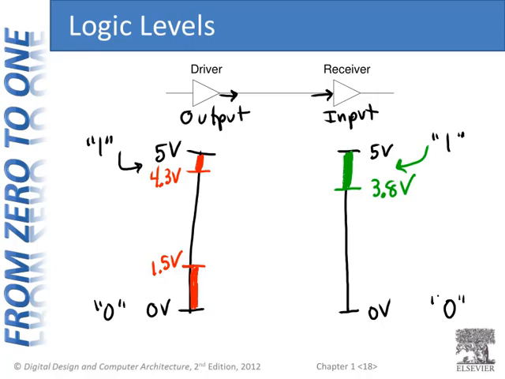As long as the receiver receives something, let's say at 2.5, anything between 0 and 2.5 volts, it will receive as a 0, this entire range of voltages. Now that 1.5 volts will be sent by the driver and in fact received as a 0 by the receiver.